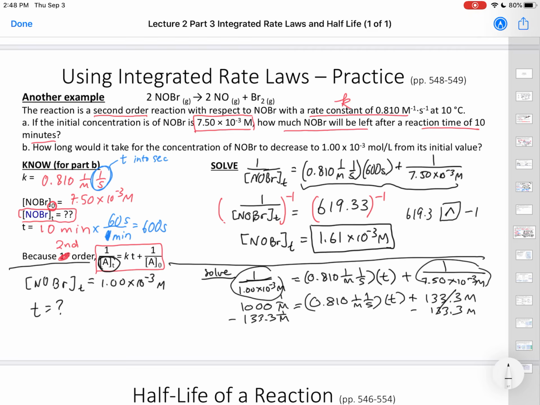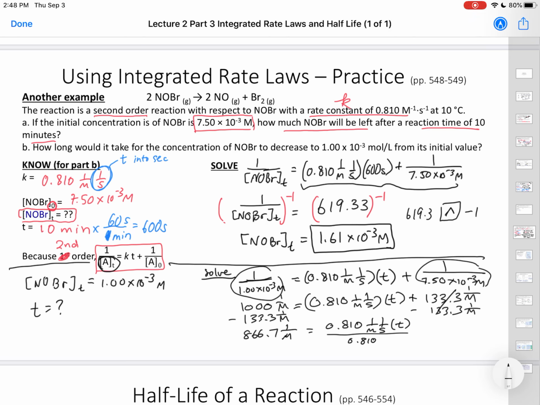Sorry, this is 1 over m. So that comes out to 866.7, 1 over m, equals 0.810, 1 over m, 1 over s, times t.